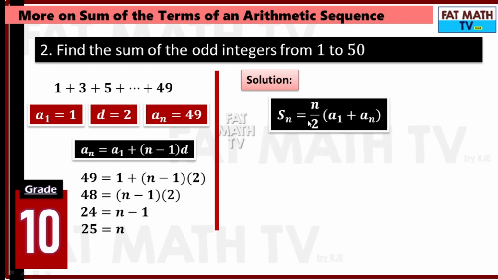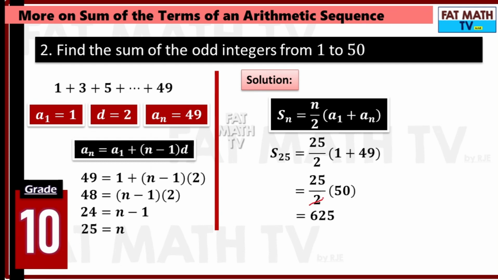So we will use again the formula S sub n equals n over 2 times a sub 1 plus a sub n. So n is 25 over 2 times a sub 1 is 1, and the nth term a sub n is 49. 49 plus 1 is 50, and then 50 divided by 2 is going to be 25.